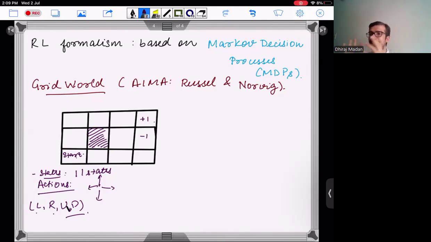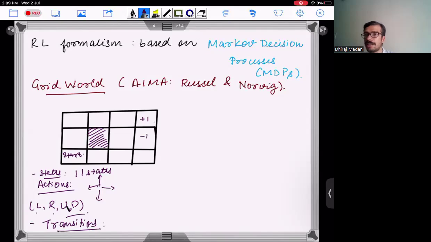Well, let's make this game slightly more tricky. How do these actions function? Each action leads to a transition. So how do these transitions work?